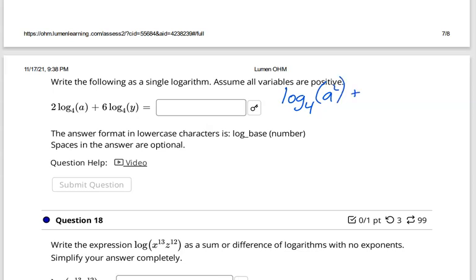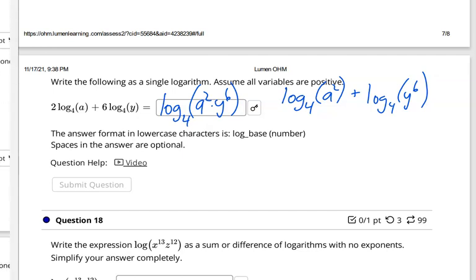And then it's log base 4 of y to the 6. Now we can do the law of multiplication, and that's our final answer. There's nothing else to do. That's log base 4 of a squared times y to the 6. Do it in steps just to make sure you get it right.